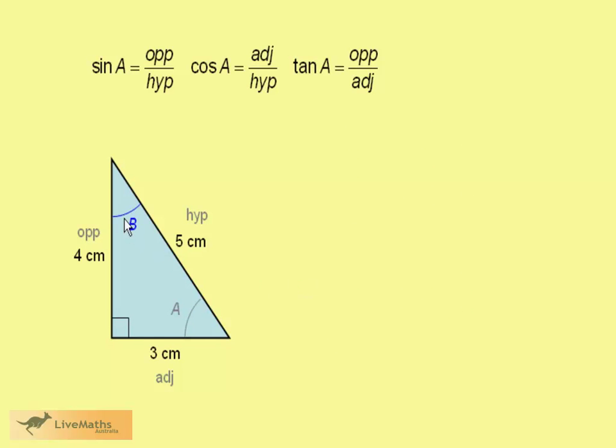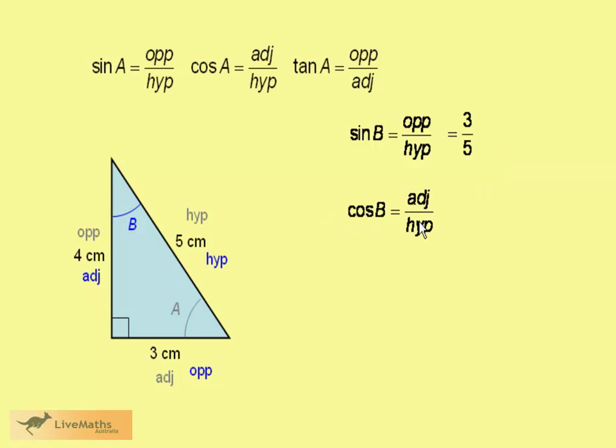Now if we consider this angle, the angle B, compared to this angle, the longest side is still the hypotenuse, but now this side is the opposite, and this one is the adjacent. Sin B is the opposite over the hypotenuse. The opposite is 3, the hypotenuse is 5, so sin B is 3/5.